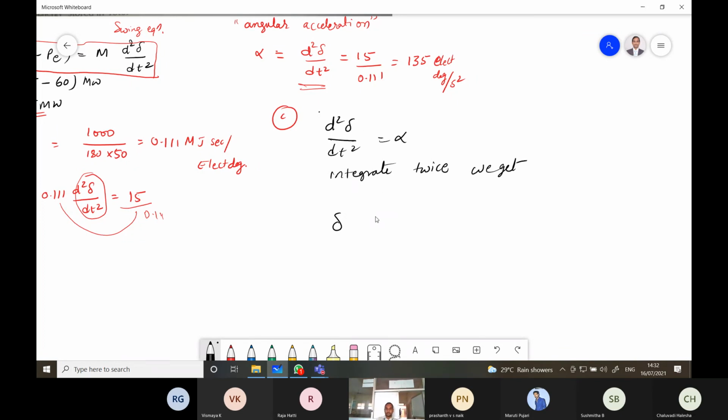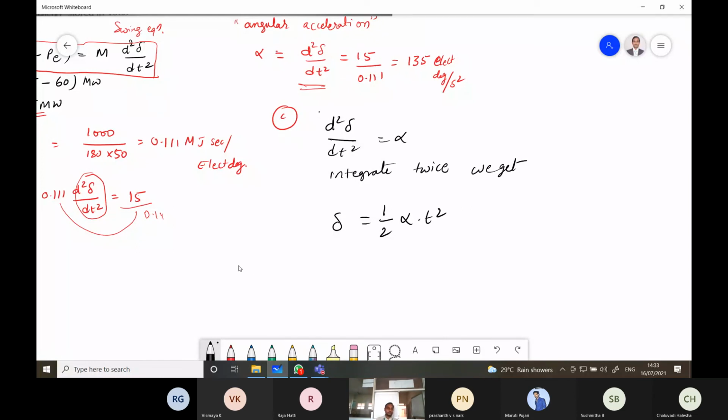Again you integrate, again you will get delta, right? So delta is equal to half into alpha into t square after integrating twice.